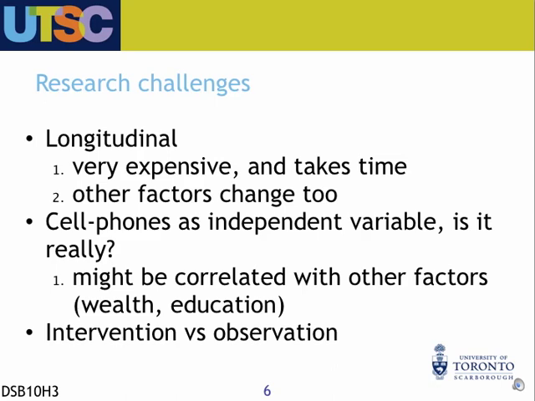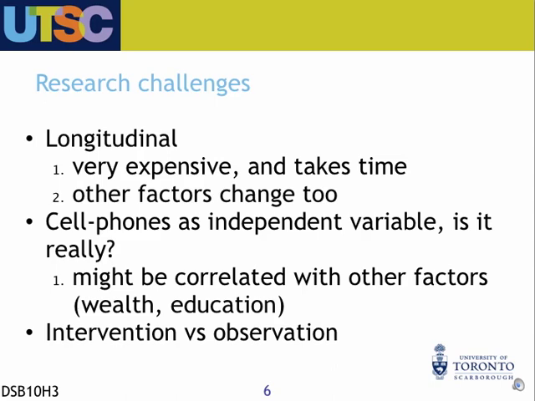Of course, one way of getting around this would be to take a truly random group and then give them cell phones. And so you're causing this random sampling, and you say, I made sure that it's completely random who got the cell phones, and now we'll see what happens, right? And that's actually the difference between an intervention study and an observational study.